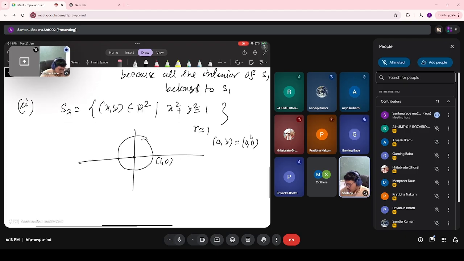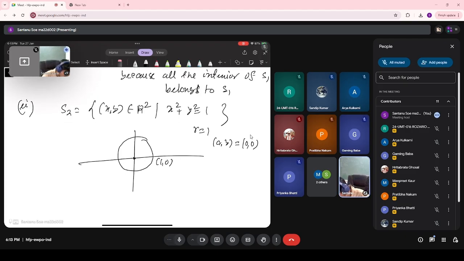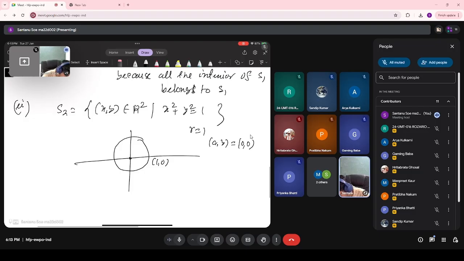Now this set is clearly not open, because if the set is open, then all the points should be interior points. So for example, here, this point lies on the circle, right? But if you take a circular neighborhood here, then the other points belonging to this empty region do not belong to S2, right? So that means S2 is clearly not an open set.